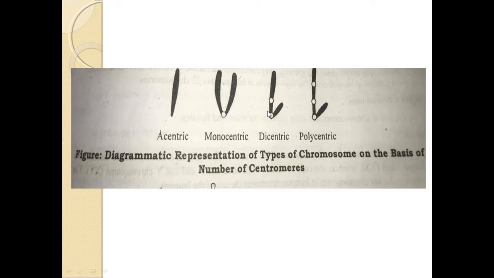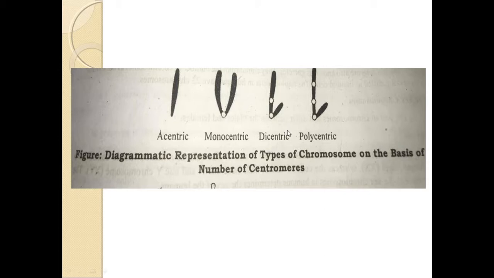Next we have dicentric chromosomes with two centromeres. You can see one centromere and the second centromere. So chromosome with two centromeres, we call it as dicentric chromosomes.